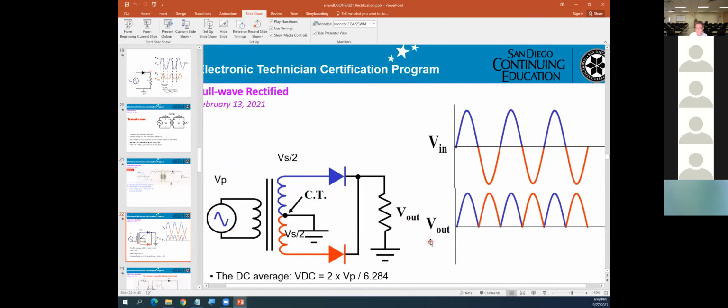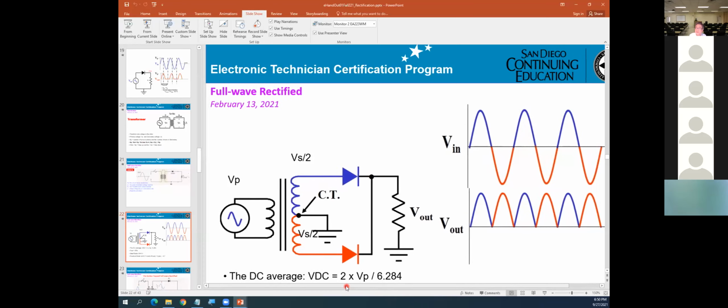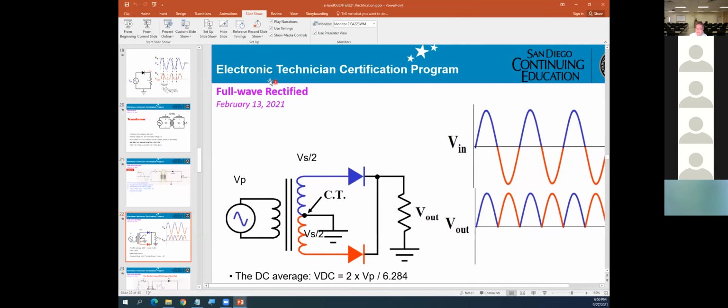Okay, after this one, we will stop. Now, you're looking at this one. The name, half wave rectifier. Why half wave?